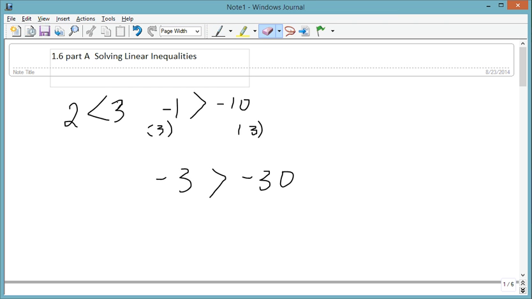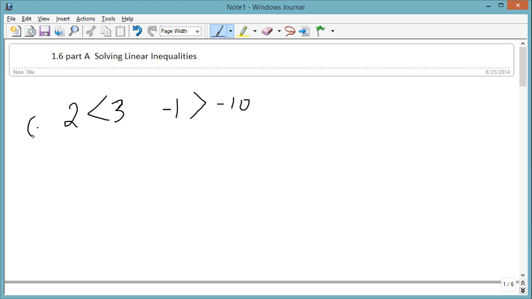The time that it doesn't work is if I multiply by a negative number. So say I multiply by -2 on both sides over here. I'd have -4 and -6, and now -4 is not less than -6. It's greater than. And it turns out we can always just switch the sign.